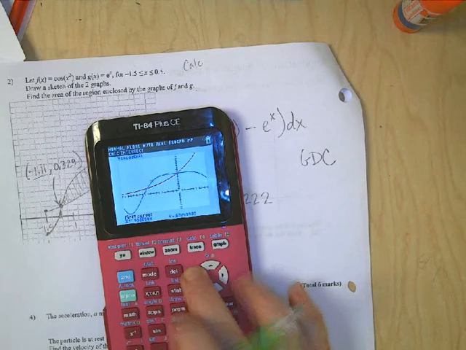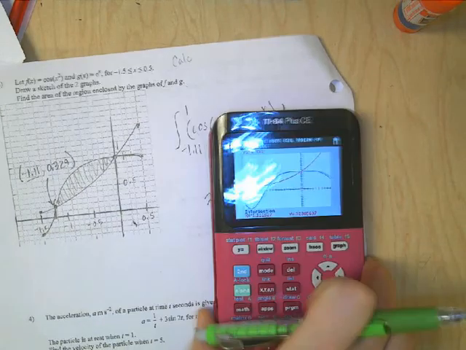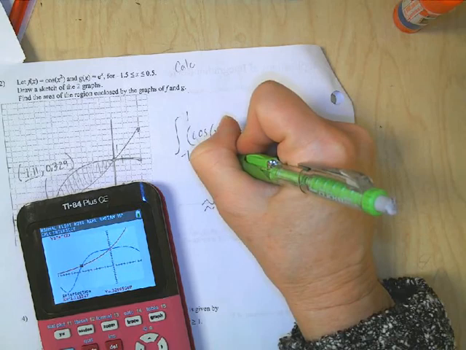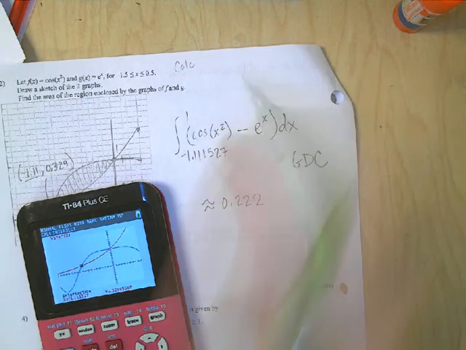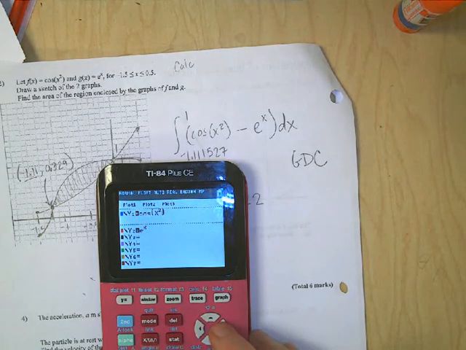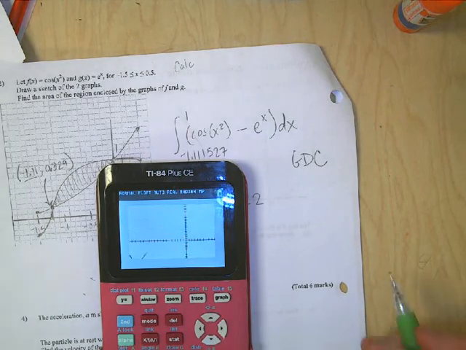Enter, enter, enter. So instead of negative 1.111527, let's put the whole thing in. Okay, back to my y equals minus e to the x. Now let's integrate it.